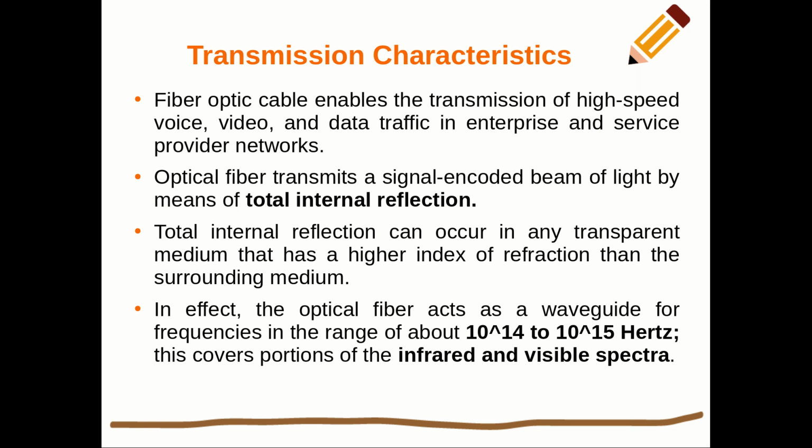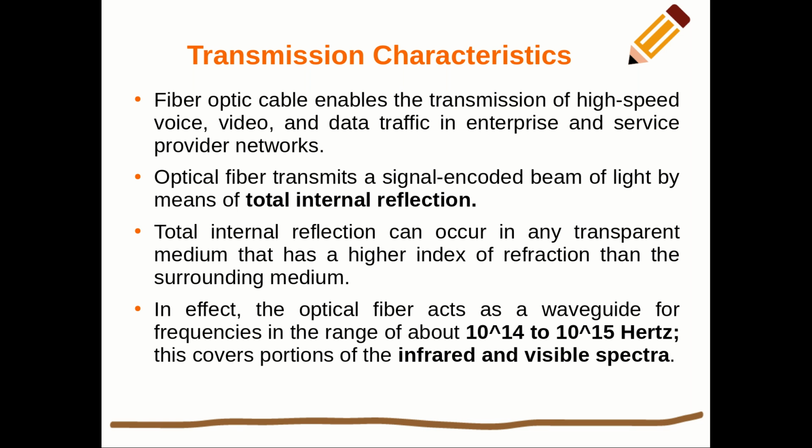Now in effect the optical fiber acts as a waveguide for frequencies in the range of about 10^14 to 10^15 hertz. So that's a typical range of bandwidth or spectrum of optical fiber where it is working, and we know this covers the portion of the infrared and visible spectra.